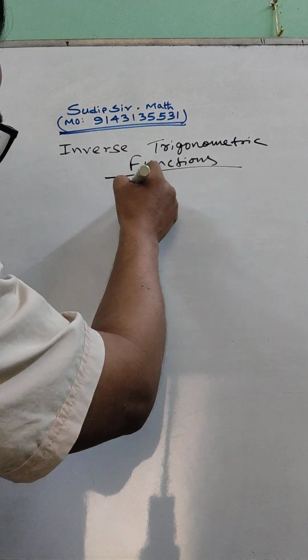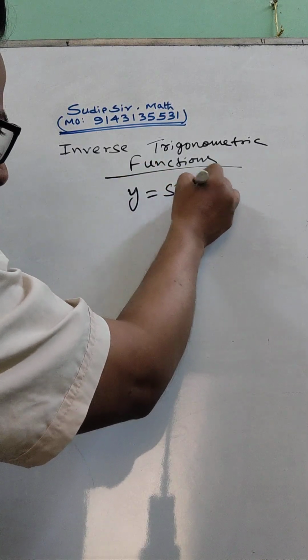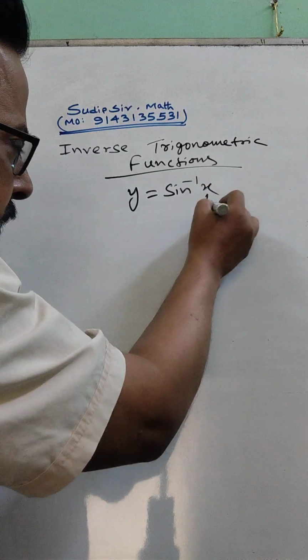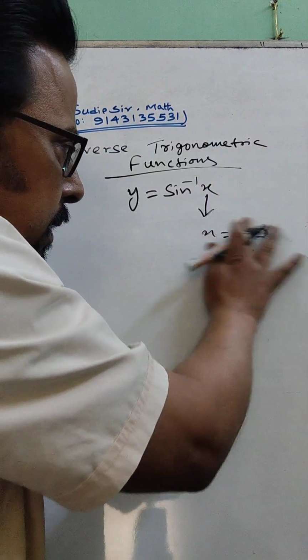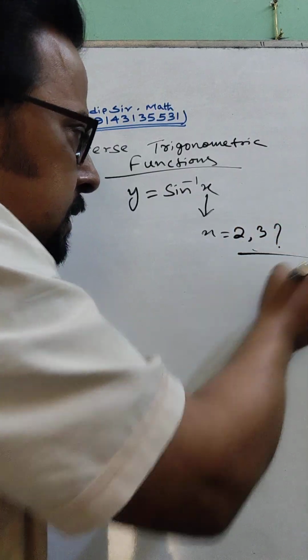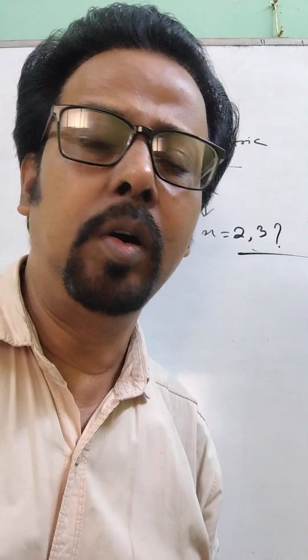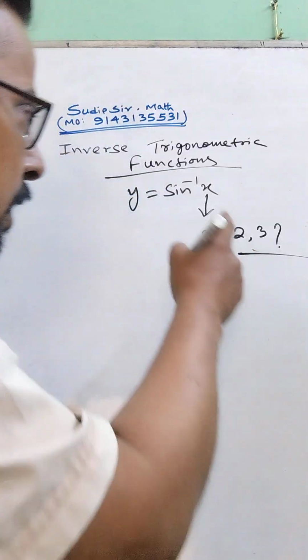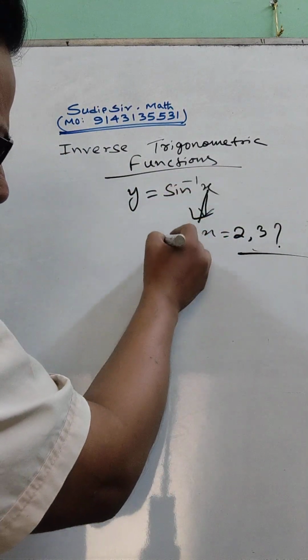If y equal to sin inverse x, is it possible that x equal to 2 or 3? No, not possible. So there are some domain and range for this.